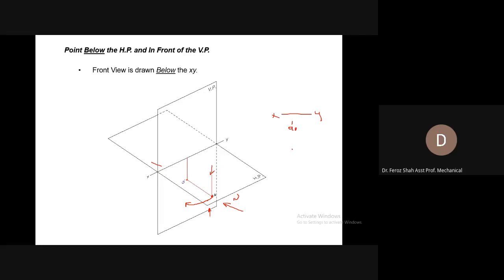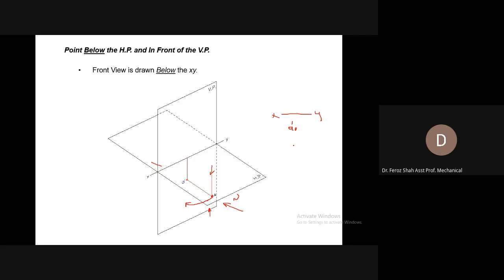This overlapping could happen. For example, we are considering a simpler case of a point. If we consider other geometries, then their front view and top view would differ from one another. And in that case, if the two views overlap, you will get a distorted front view and top view, and nobody would understand.